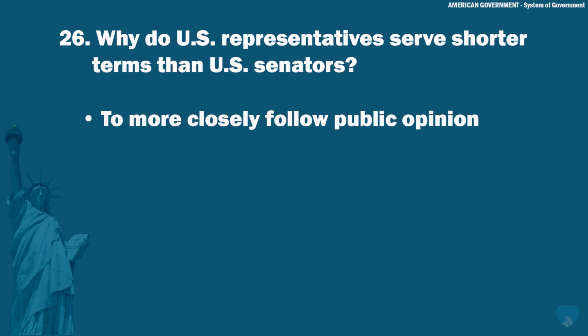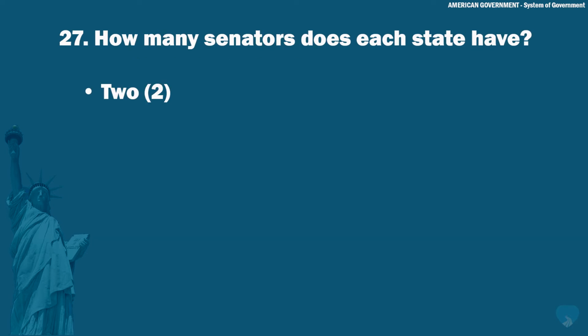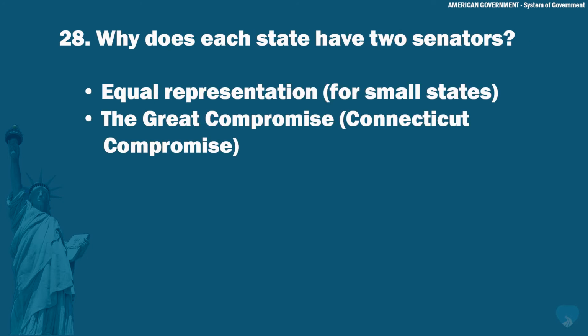To more closely follow public opinion. Question 27. How many senators does each state have? 2. Question 28. Why does each state have 2 senators? Equal representation for small states. The Great Compromise, Connecticut Compromise.